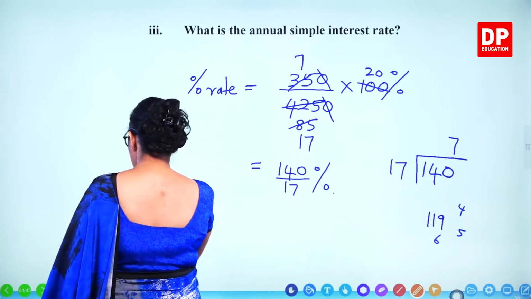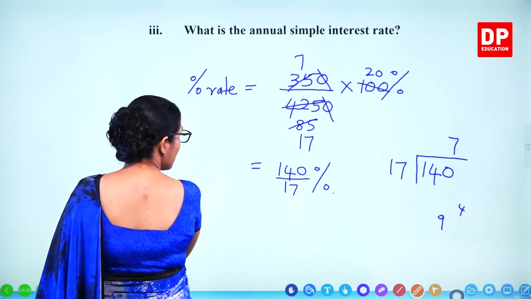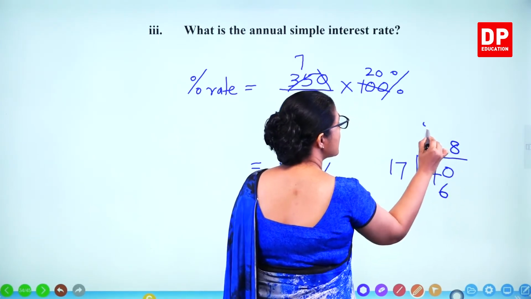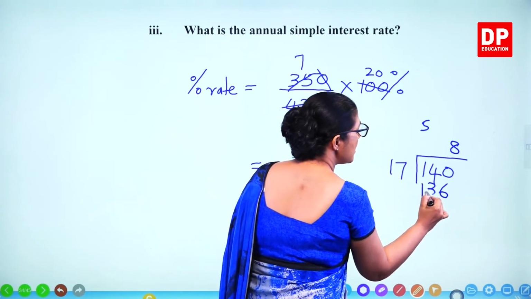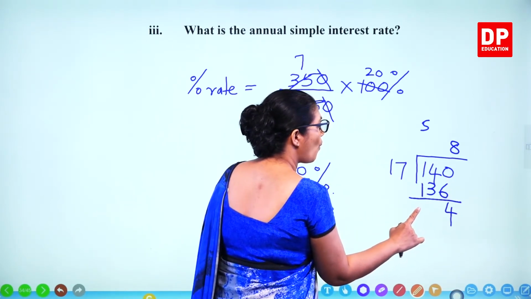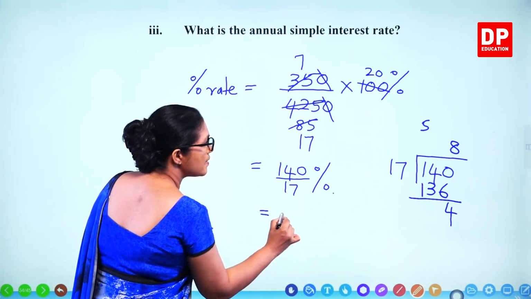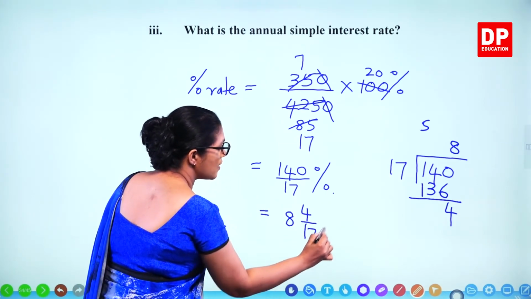So that means 8 works. So we can put 8. 8 times 7, 56. 8 times 1, 8 plus 5, 13. When you subtract, you get 4. So you can write it as a fraction: 8 and 4 over 17 parts.